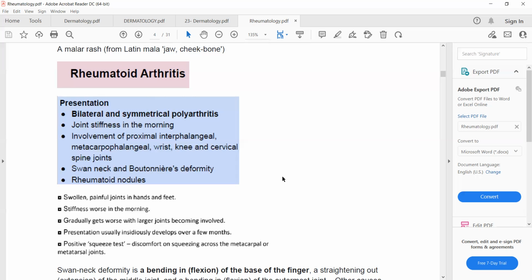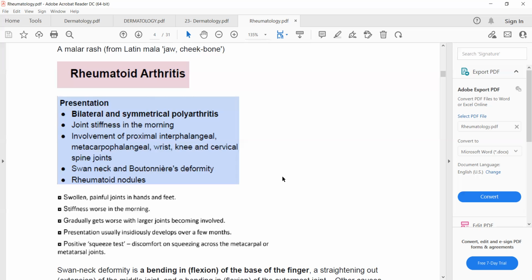So what is the presentation of rheumatoid arthritis? Bilateral and symmetrical polyarthritis, joint stiffness in the morning that improves with activity. Involvement of the proximal interphalangeal joint, metacarpophalangeal joint, wrist, knee, and cervical spine joint.